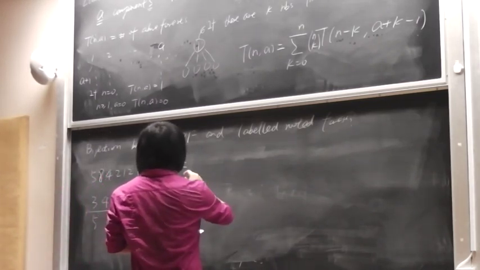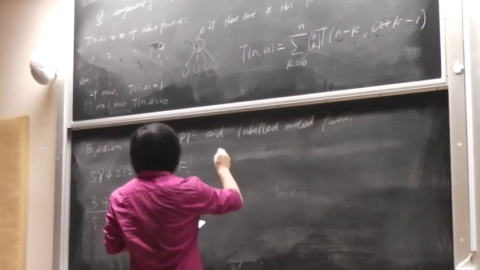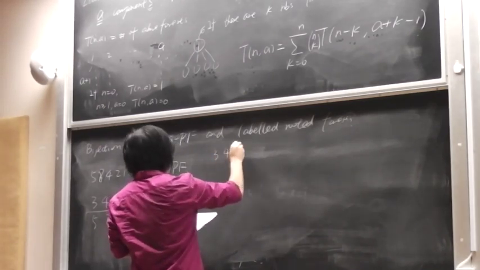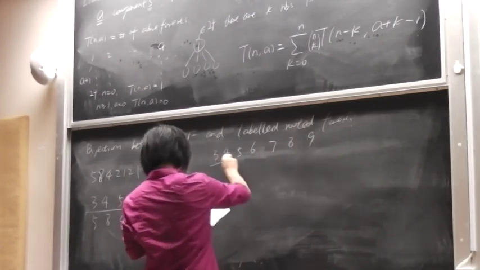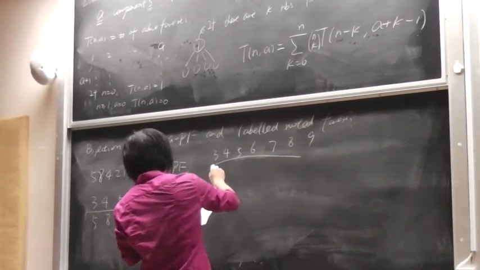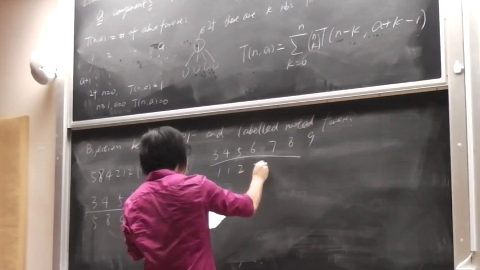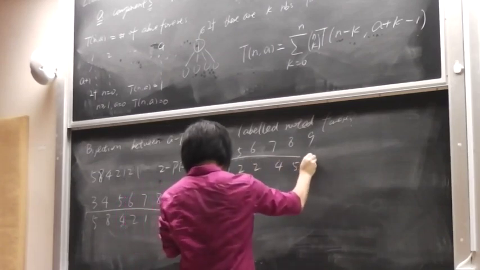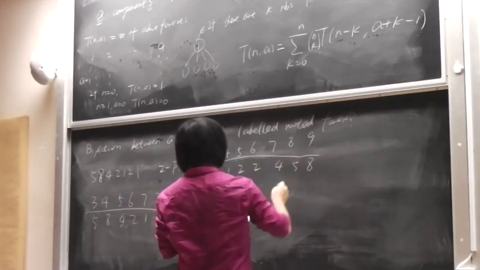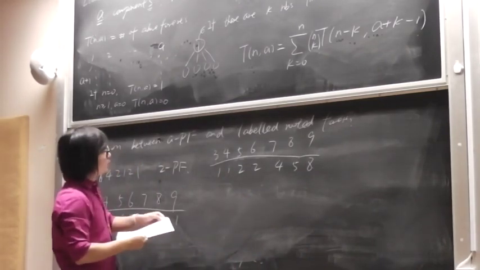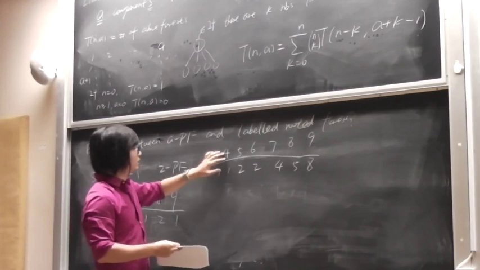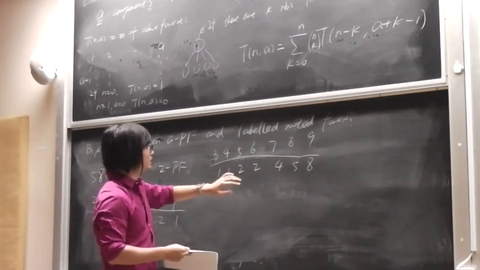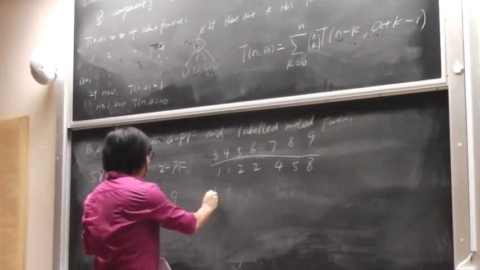And now let's consider the sorted version first. So I want to let 1 be 3's parent, let 1 be 4's parent, let 2 be 5's parent. So this is doable.